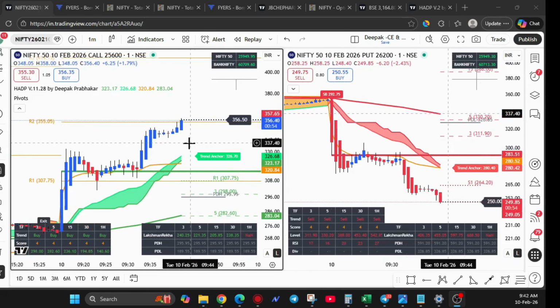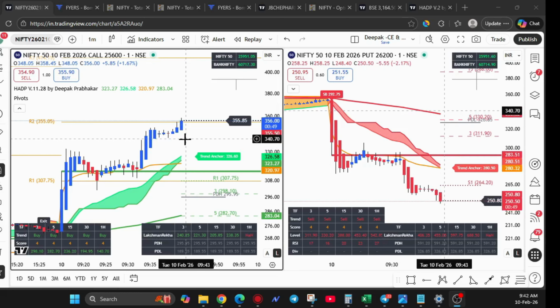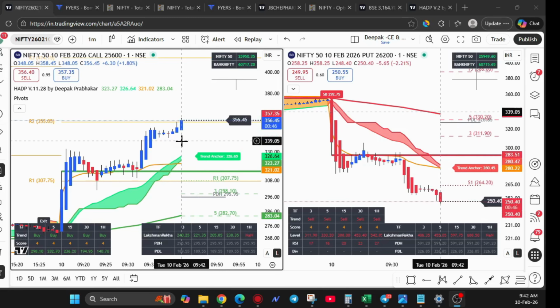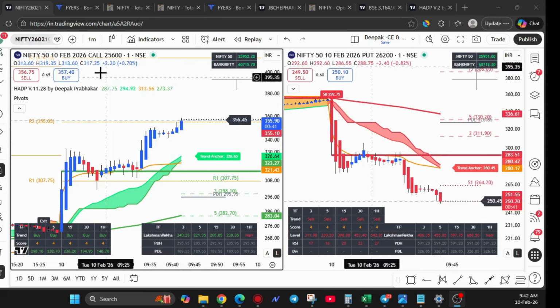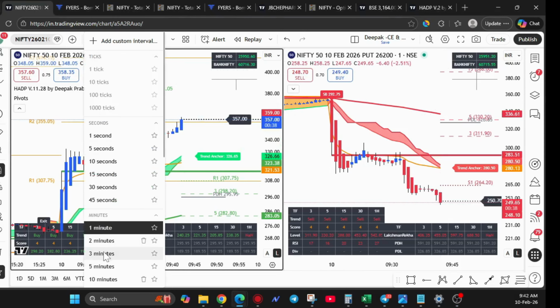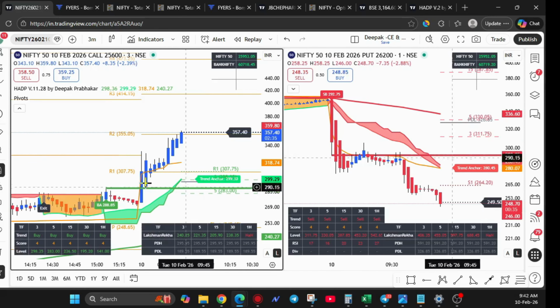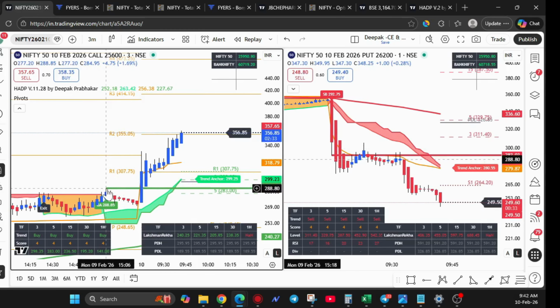See, it has hit the resistance 2 and it has hit 358. It is crossing R2 now. So already from 315 to 358, okay, which is huge. On the 3 minutes chart, of course, it is running from yesterday, right? 285 it gave an entry, and if you look at my post yesterday in the Stock Mavericks channel, I had posted very clearly that since today was consolidation and the indicator does not give any signal on a 3 minutes chart, I expect it to be a trending day tomorrow, right?